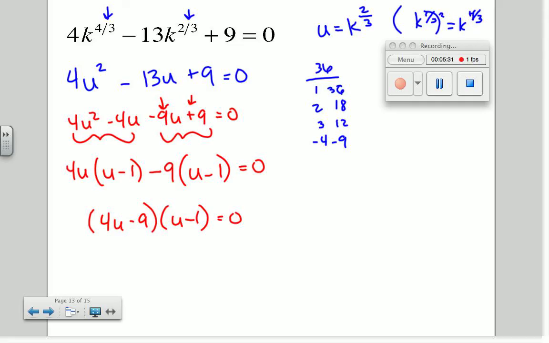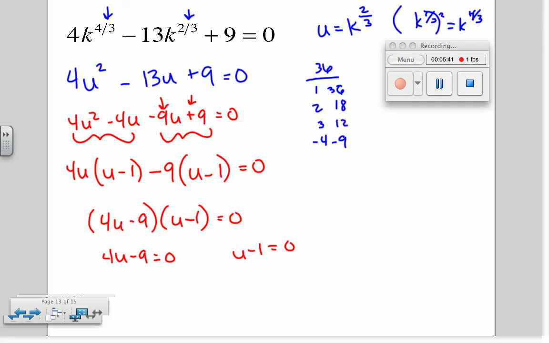So set them both equal to 0. We have 4u minus 9 equals 0 and u minus 1 equals 0. So 4u minus 9 is the harder of the two. So let's see, I've got 4u equals 9, so u equals 9 over 4. But remember, our original problem had k's in it.